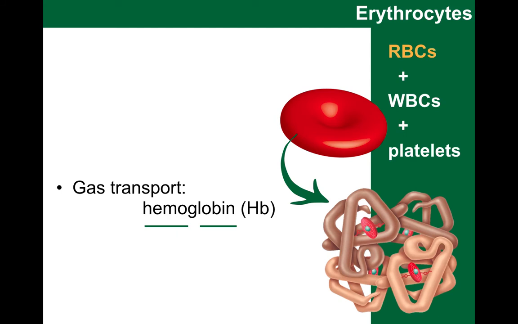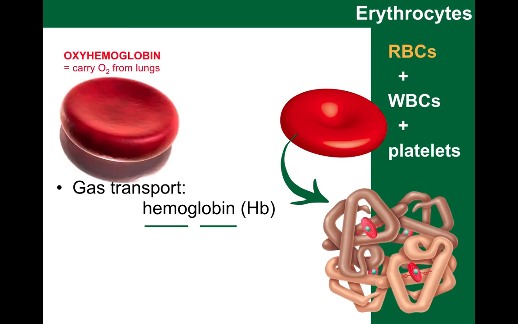I also want to say a few words about the color of the blood, and this has to do with this hemoglobin too. When oxygen is loaded in the lungs, these red blood cells would be carrying oxygen, and we talk about oxyhemoglobin. This kind of blood is bright red in color.